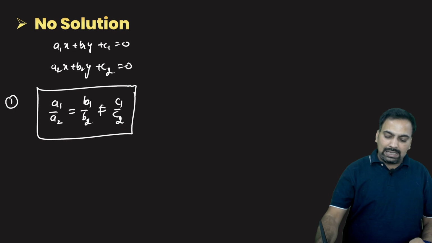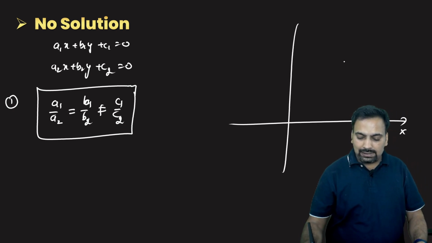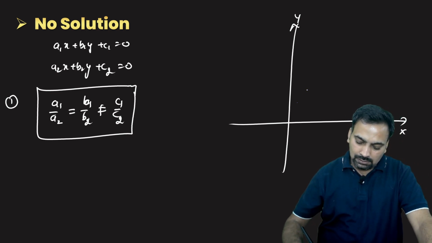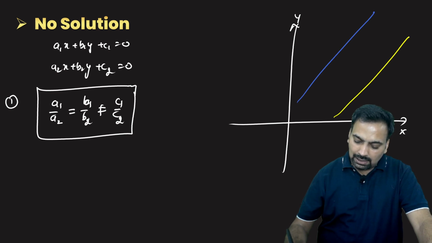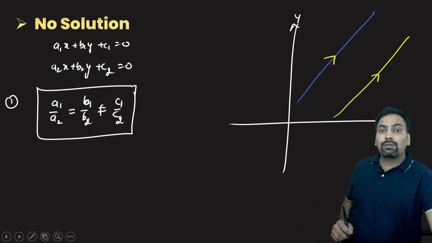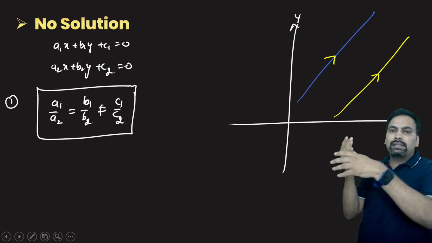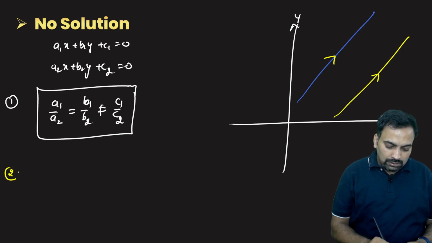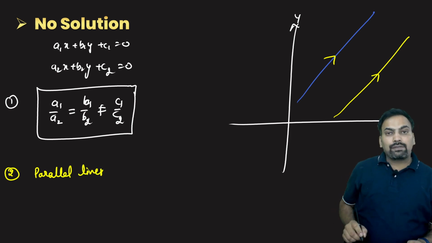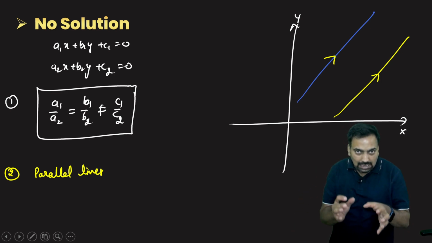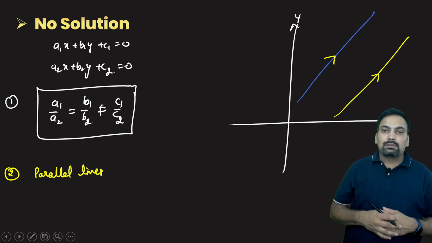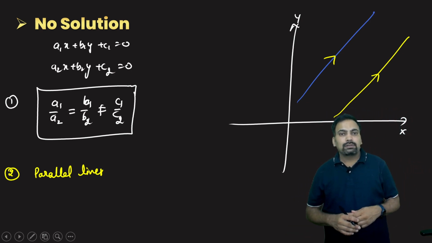How do you represent this in a graph? This is your x-axis, this is your y-axis. When the two lines are parallel, this is the condition of no solution. When two lines are parallel, they never intersect, so no solution. Parallel lines give us no solution, and this type of system is called an inconsistent system of equations.